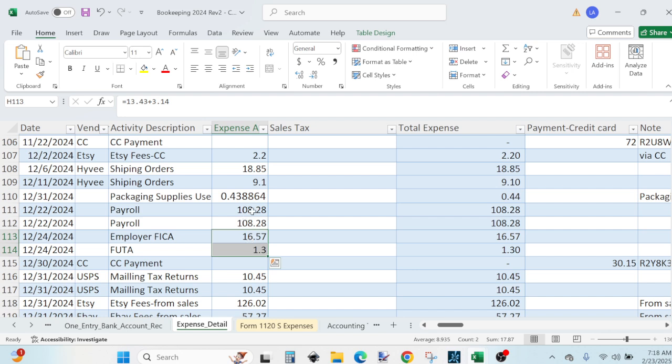If you take home pay on the payroll section, then on the tax section, you'll put the employee and the employer section of payroll tax, social security and Medicare.